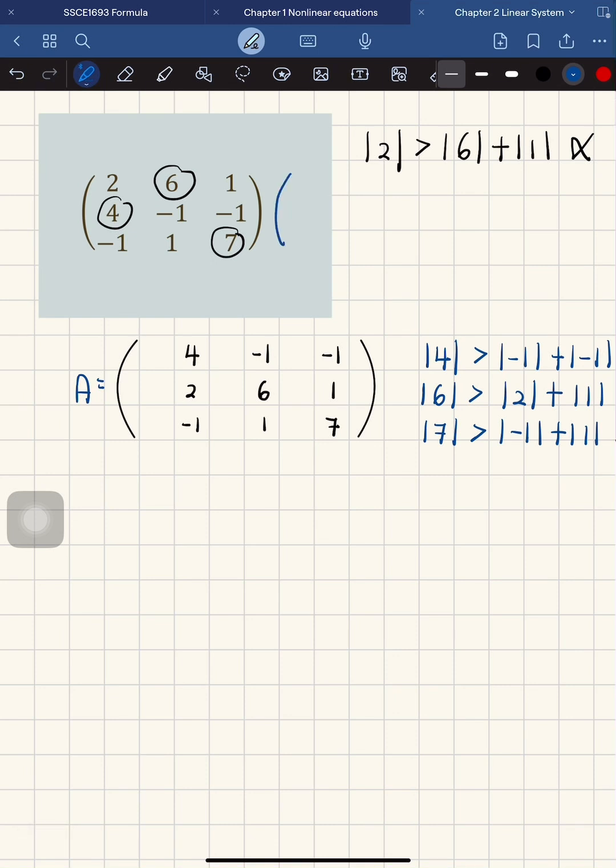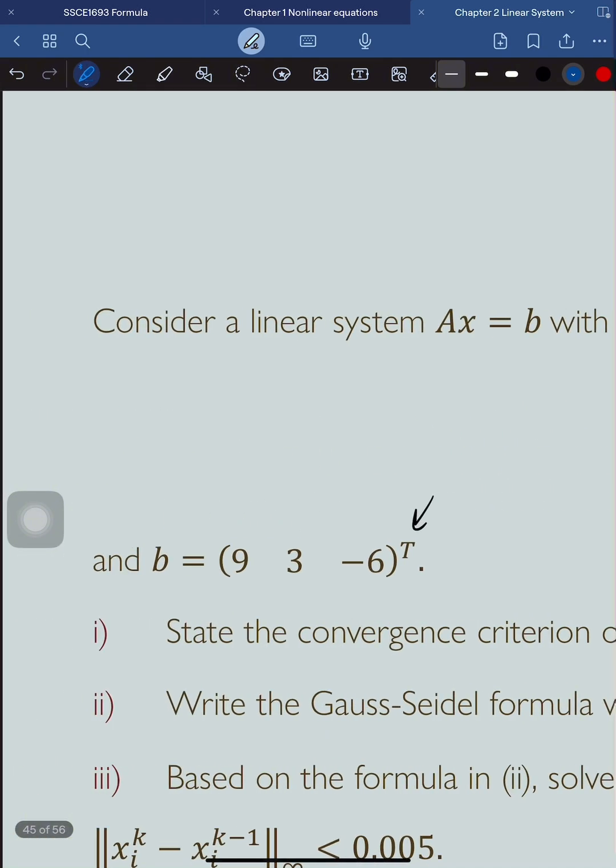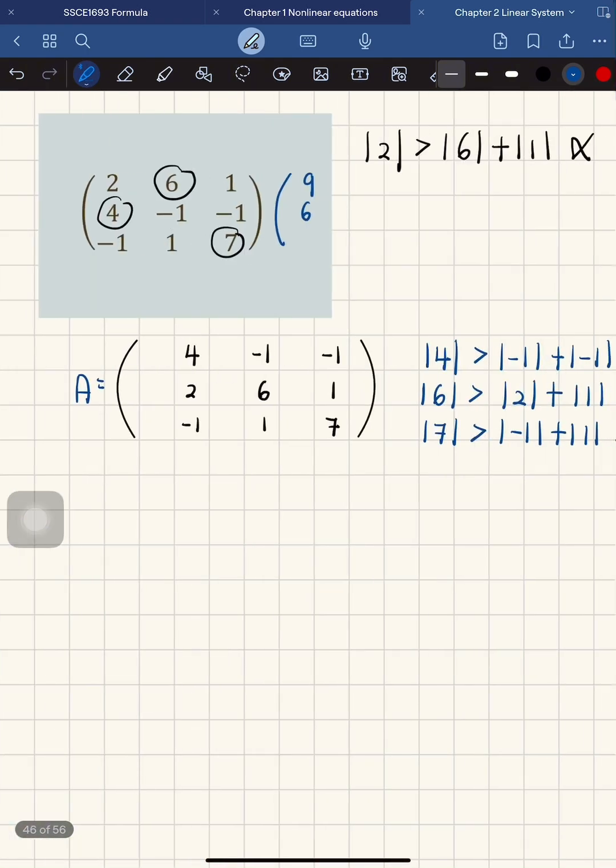Because we already rearranged the equations, our B is 3, 9, -6.